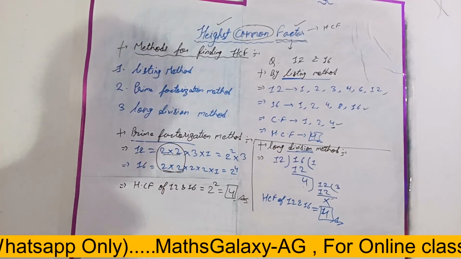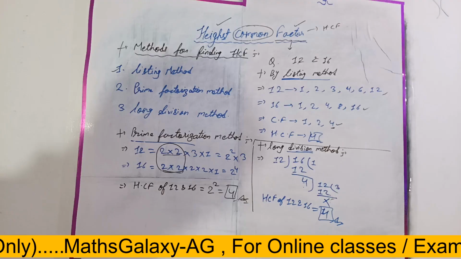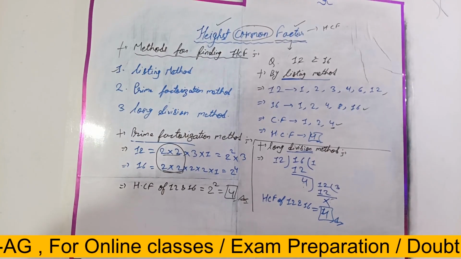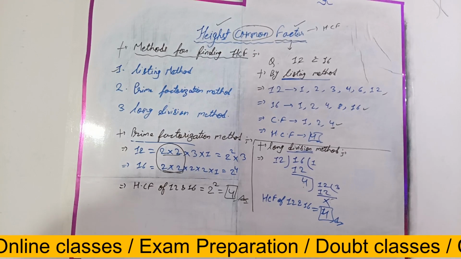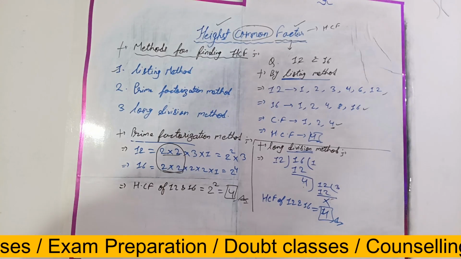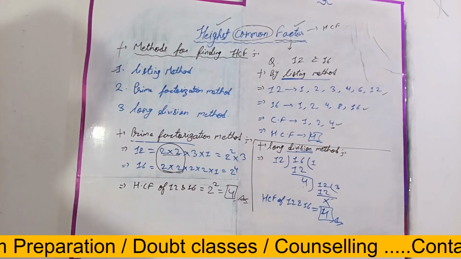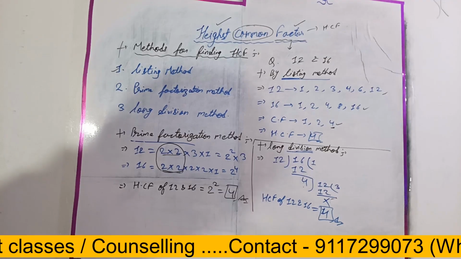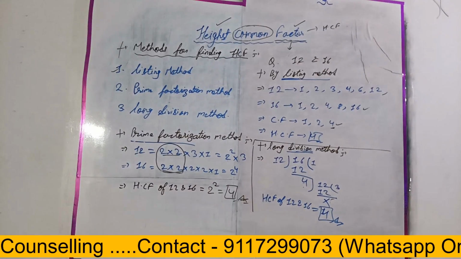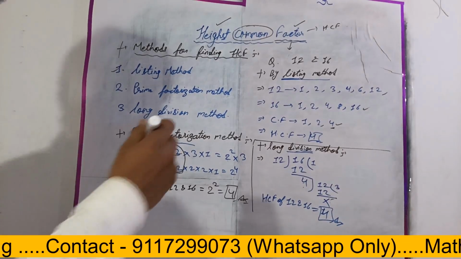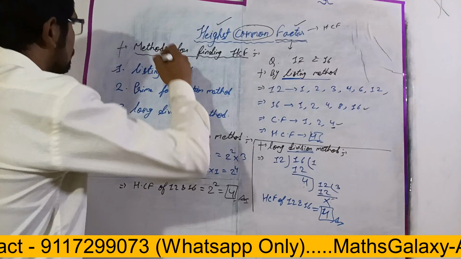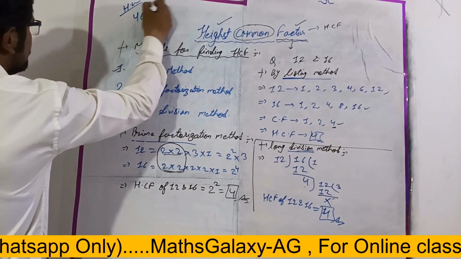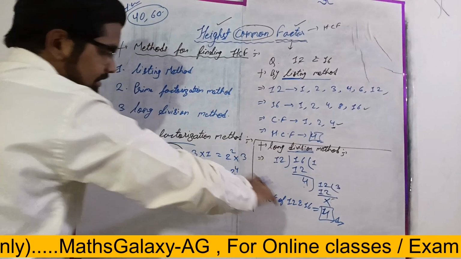Please try to solve it, and I will give you a question as homework. You have to find the HCF of 40 and 60 with all these three methods.